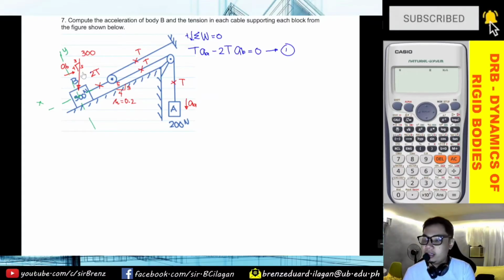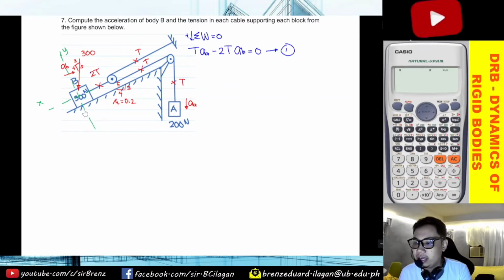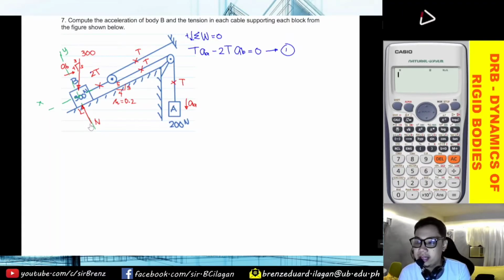So what other forces do we need to consider? Kung friction yung pinag-usapan natin, technically we need to solve also for the value of the normal force. Again, normal force is always perpendicular lang do sa surface natin. When we say perpendicular, it is acting 90 degrees with respect do sa surface natin.